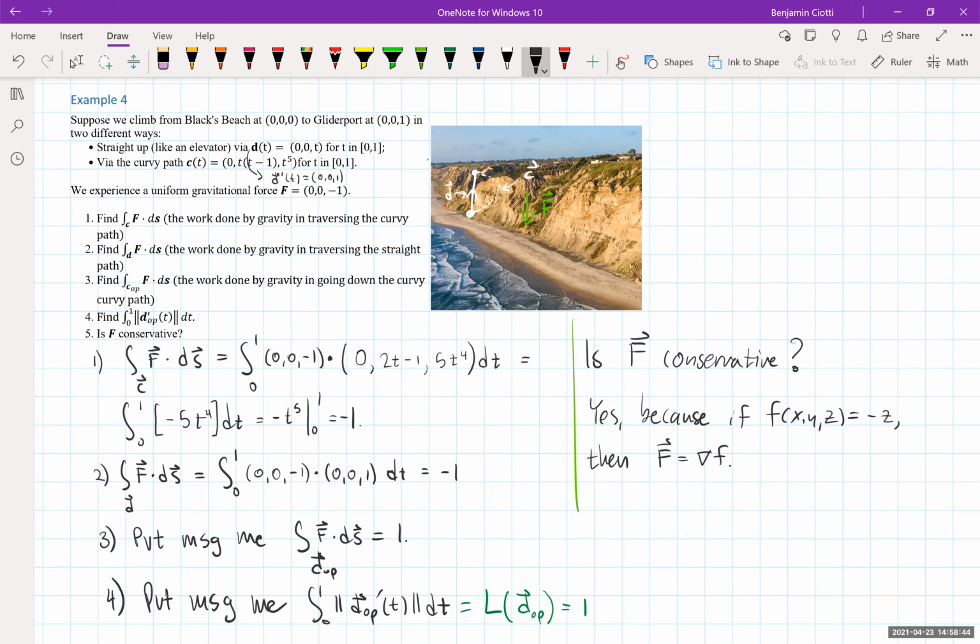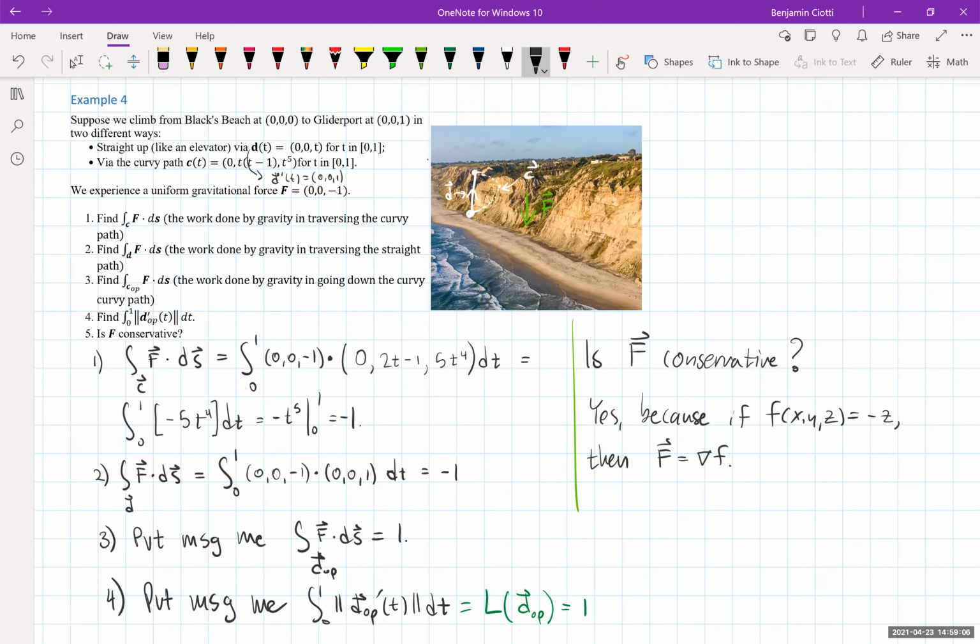Professor, what exactly is the point of reparametrization? Why would I want to make the unit circle equal to cosine t over 2, sine t over 2 with t from 0 to 4 pi instead of just the usual way?